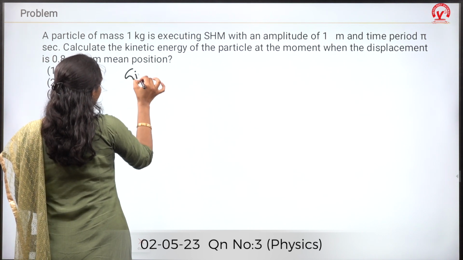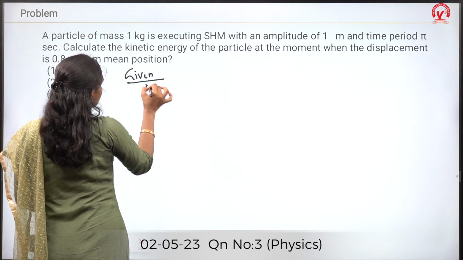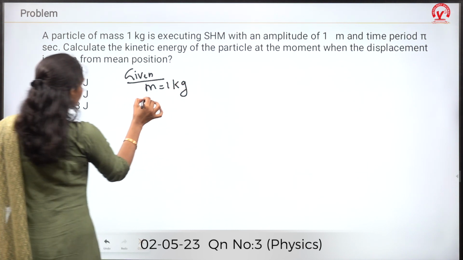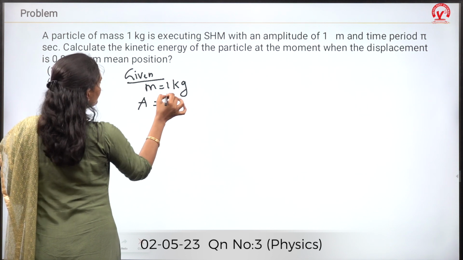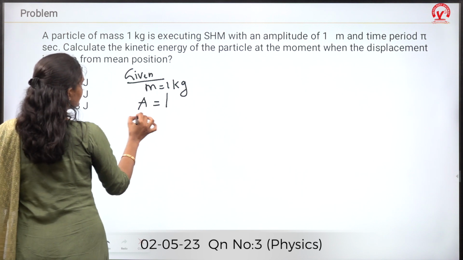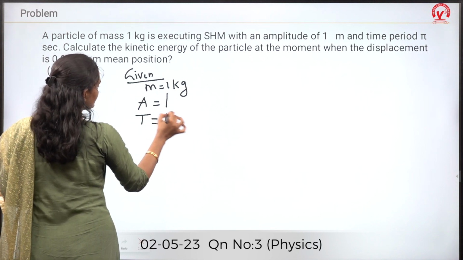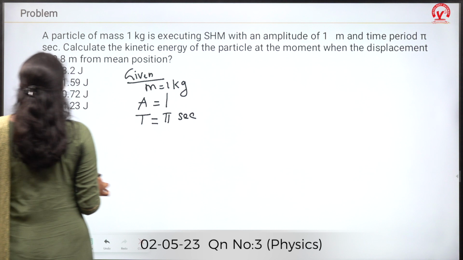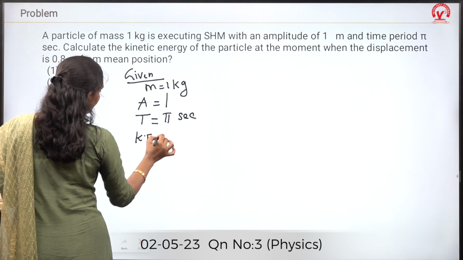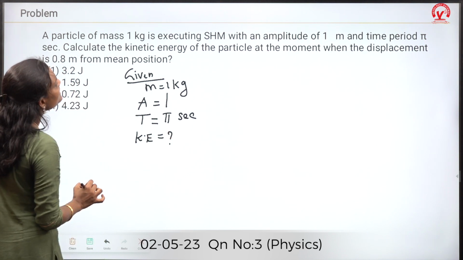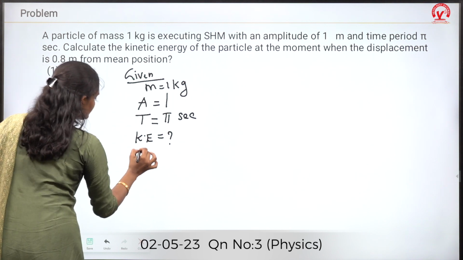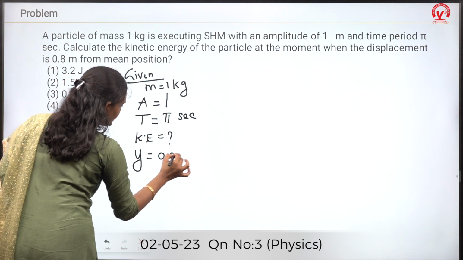Given: mass is equal to 1 kg, amplitude is equal to 1, time period is equal to pi second. We need to calculate the kinetic energy when the displacement, they have given us, is 0.8 meter.